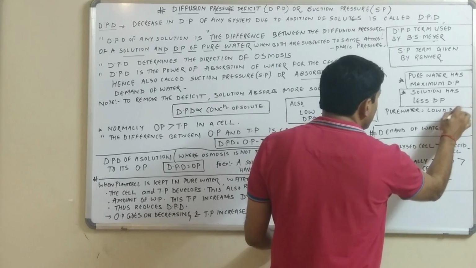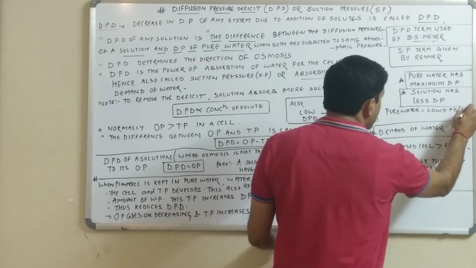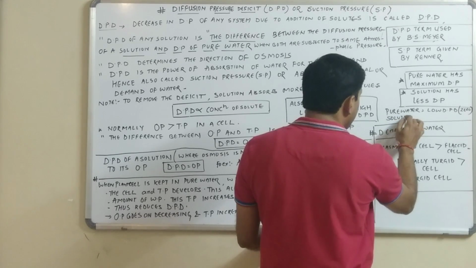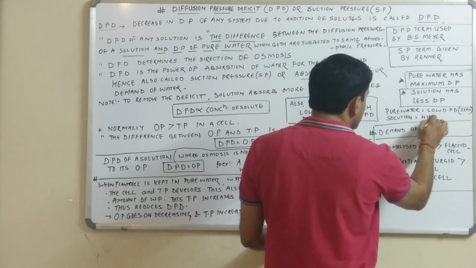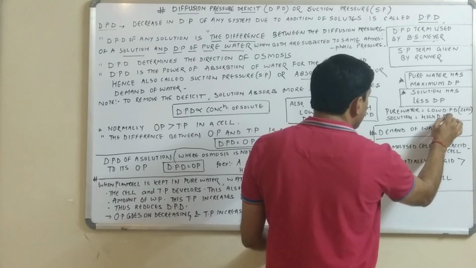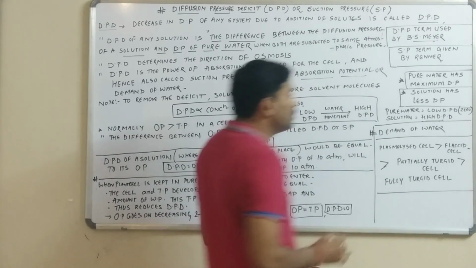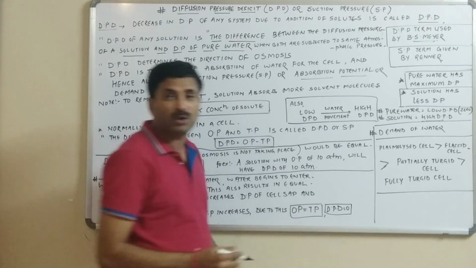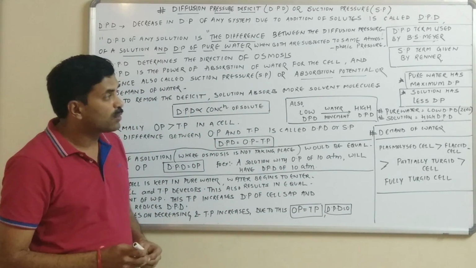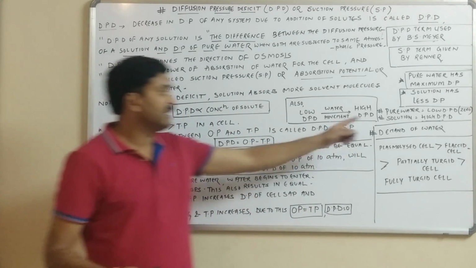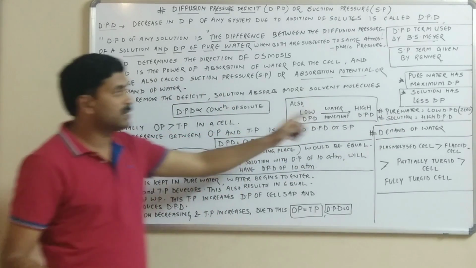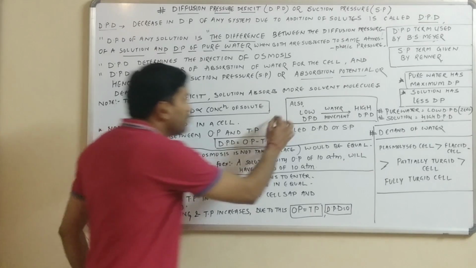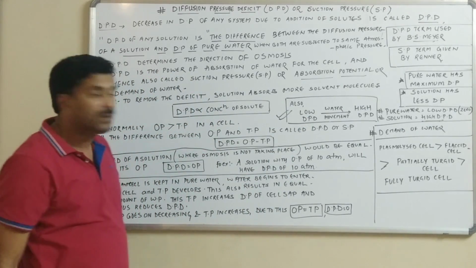Low DPD means it has 0 DPD, and a solution always has high DPD. Why? Because it has solute in it. So remember that in pure water the DPD is low, meaning 0, and in a solution the DPD is always high, and water moves from low DPD to high DPD.